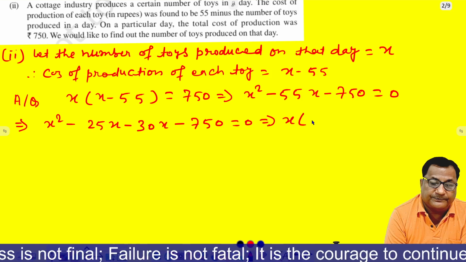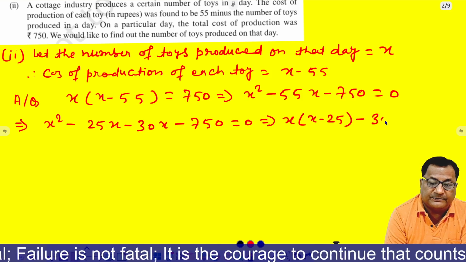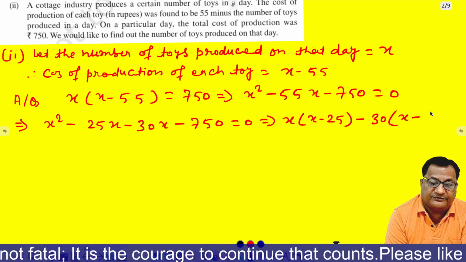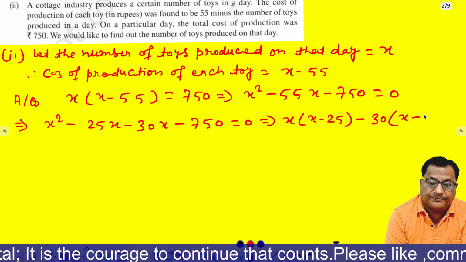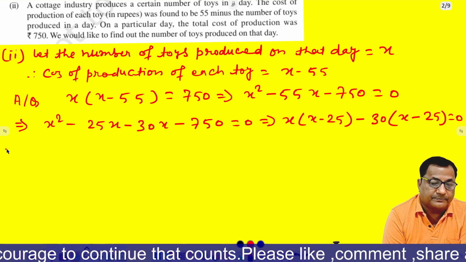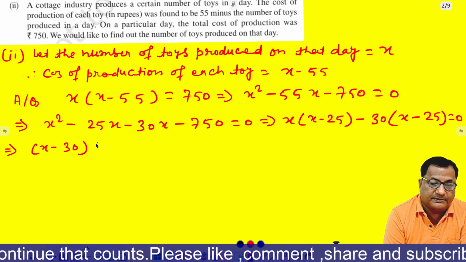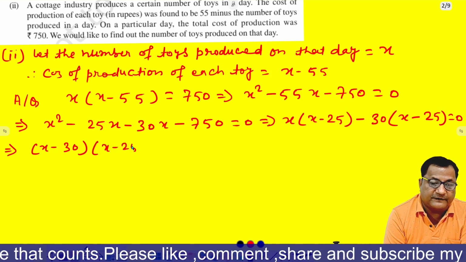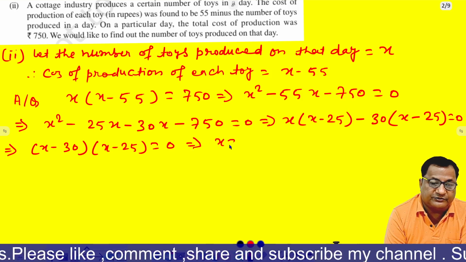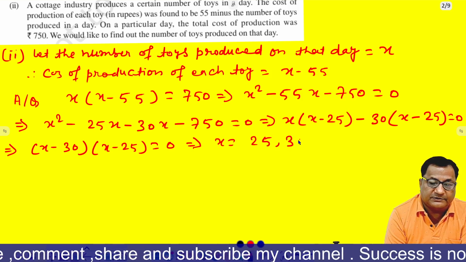Take common x minus 25, minus 30 into x minus 25 is equal to 0. So x is equal to 25 or 30.